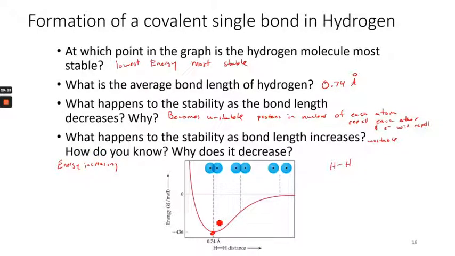And why does the stability decrease? Because as you get further apart, the electron from the opposite atom no longer feels attracted to the nucleus of the opposite atom.